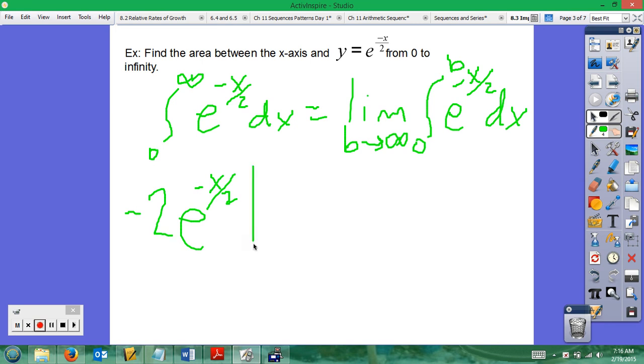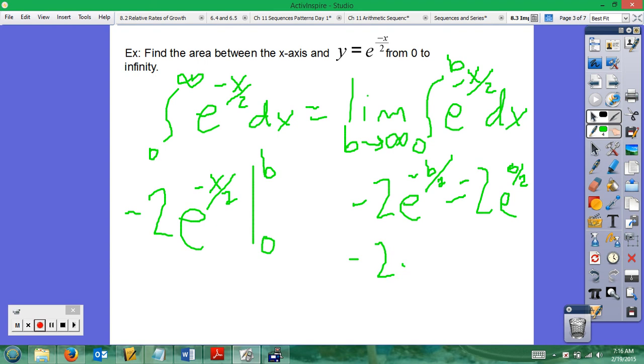Then we evaluate that from 0 to b: negative 2e to the negative b over 2 minus negative 2e to the 0 over 2. Let's simplify that. We've got negative 2e to the negative b over 2. Over here, 0 over 2 is 0, e to the 0 is 1, and negative 2 times 1 is negative 2, but it's minus a negative, so it is plus 2.